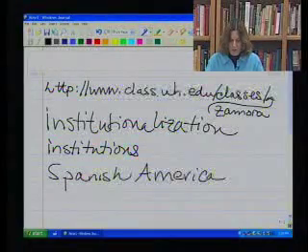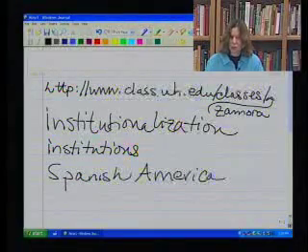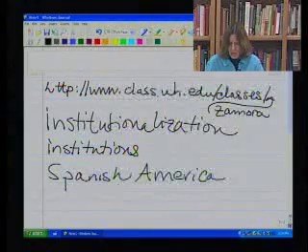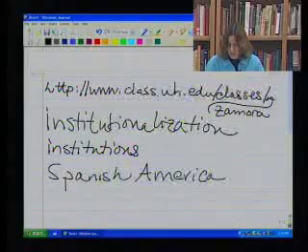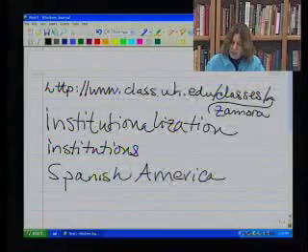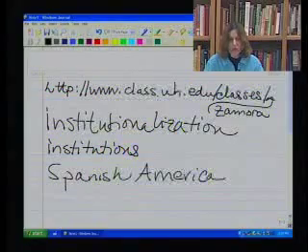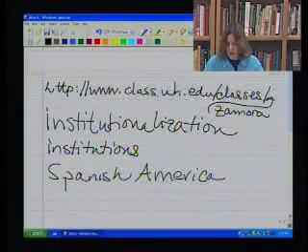Historians sometimes use that term to contrast with Portuguese America, which of course is the region that became Brazil. There were many different officials from viceroys on down who were responsible for the day-to-day decision-making in the various areas of Spanish America.